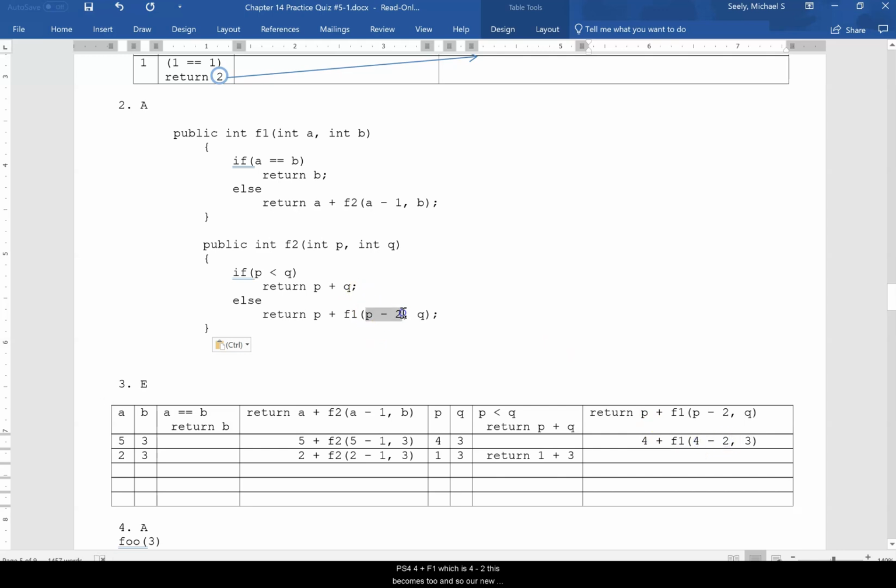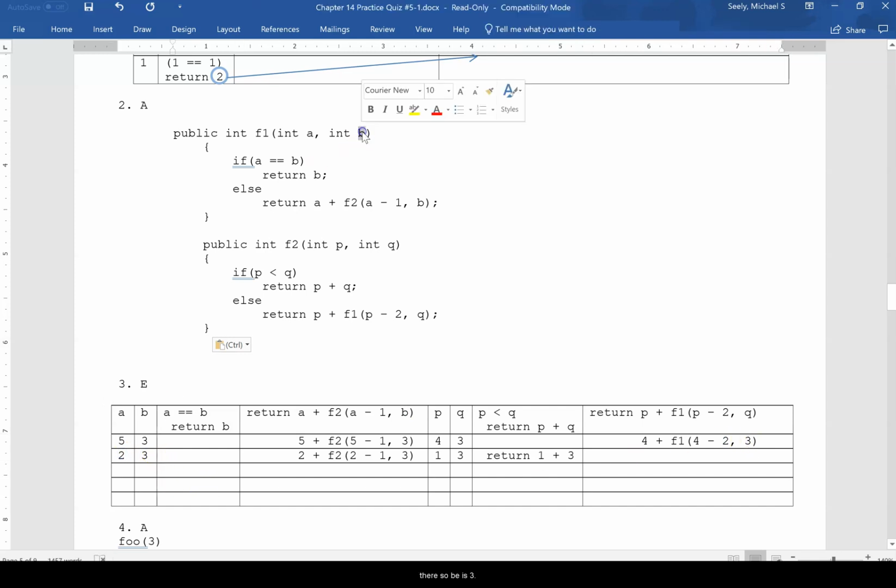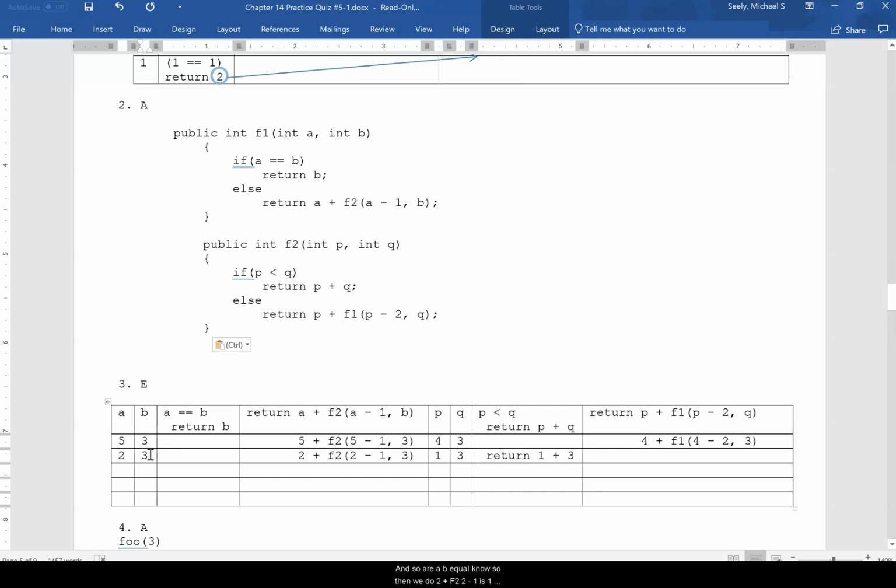This becomes 2. And so our new value for A is 2 right here. And then Q is 3, so B becomes 3. And so are A and B equal? No. So then we do 2 plus F2, 2 minus 1 is 1, and 3, so P is 1 and Q is 3.